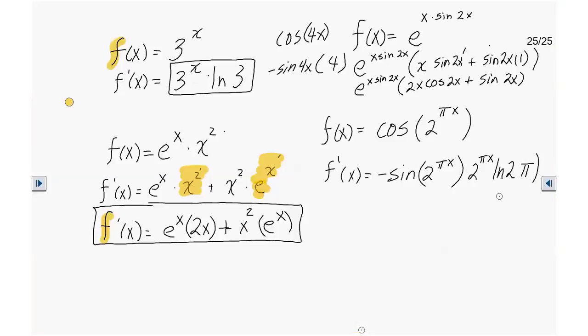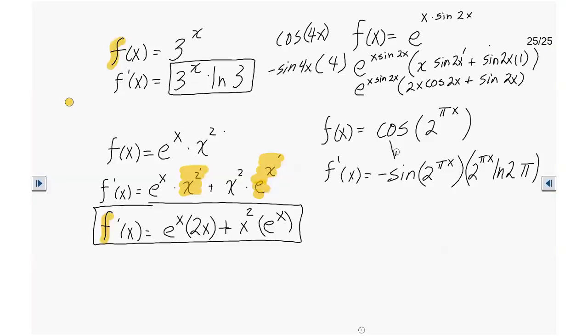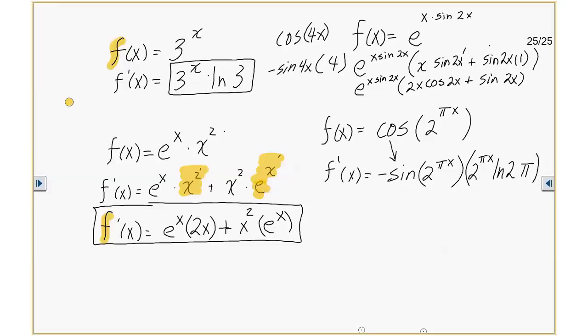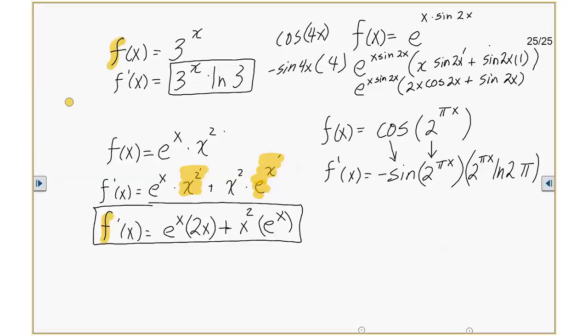Y'all help me out. I took the derivative of what? The cosine. Everybody with me? And then I wrote down, of course, this, because that doesn't change. And then I took the derivative of a to the function.